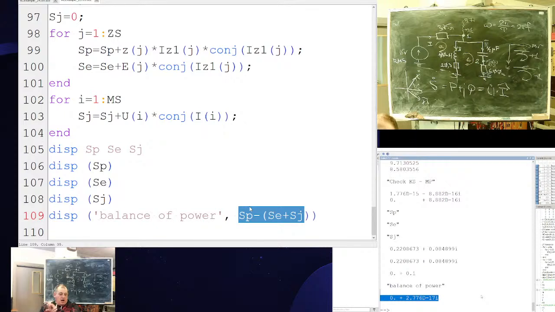The power supplied by the generator is equal to the power dissipated by the green resistance and the internal resistance of my coil. Balance of power correct. Okay, this was easy. It's an easy solution, but actually in real life most solutions will be like this.